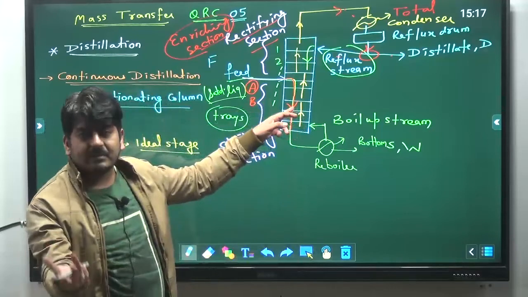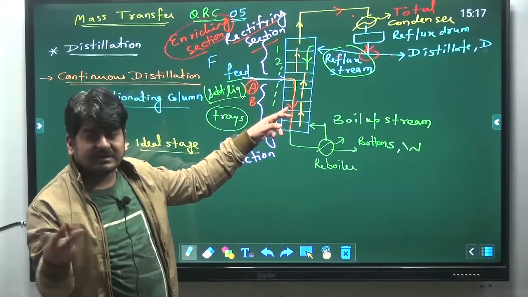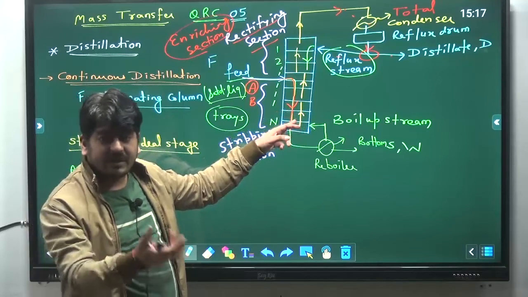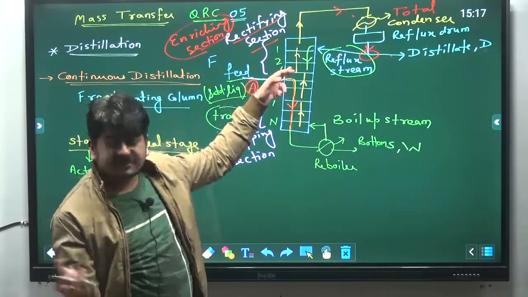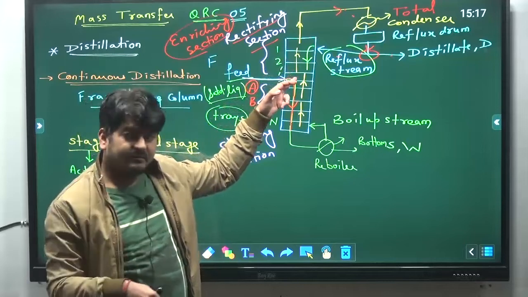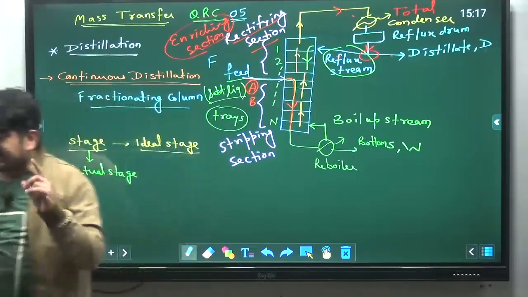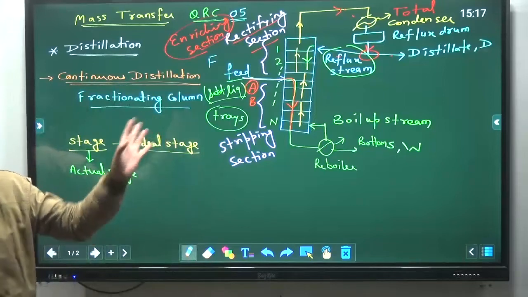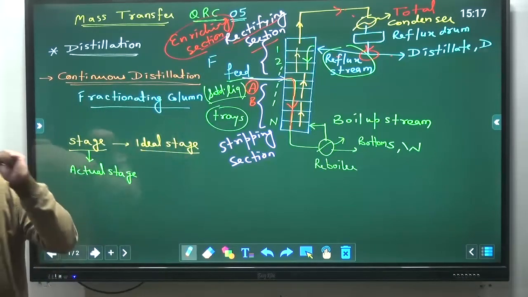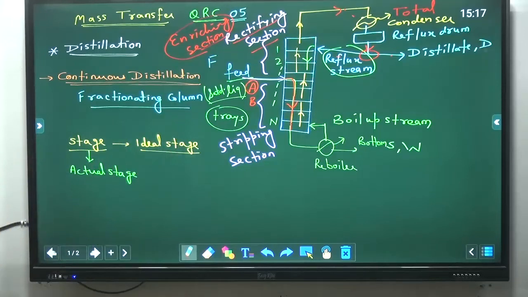Here the vapors have less A, so we can consider them as pure vapors going and recovering the solute. But here vapors have sufficient A and they are getting more A with them. I hope now it is clear to all of you why we name these two sections rectifying section and stripping section. Is it clear, guys? Yes. Okay, wonderful.